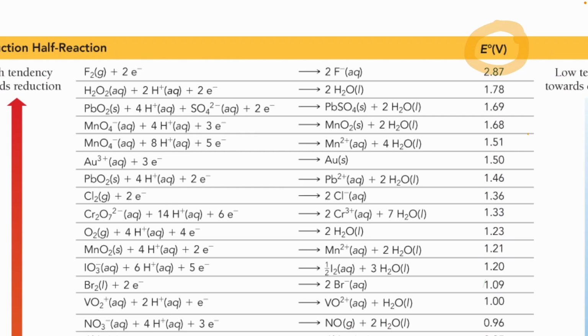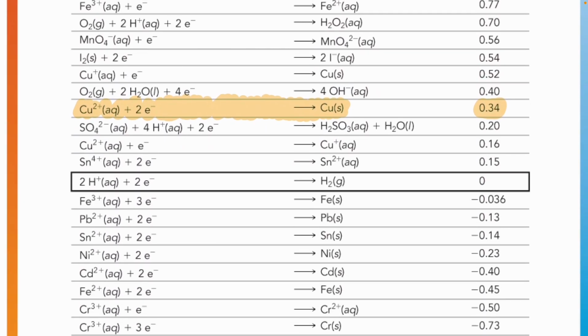Remember, a potential is like the strength of the pull of these electrons. So we can take each one of these half reactions and assign a potential value to it, which tells you how strongly it's pulling at electrons here.